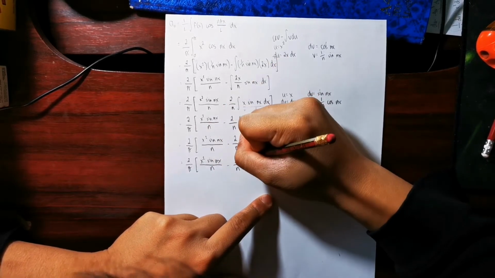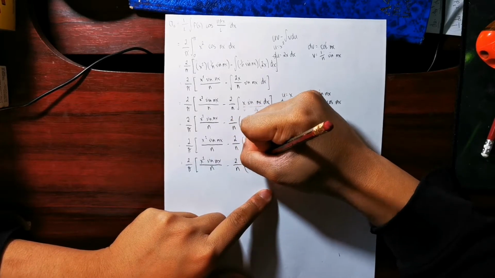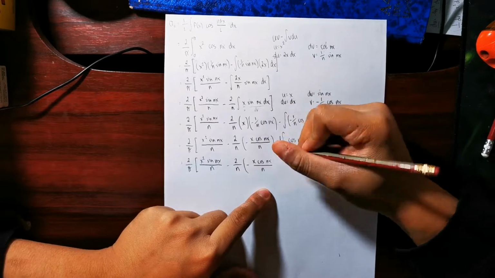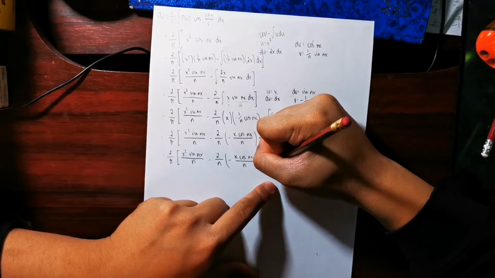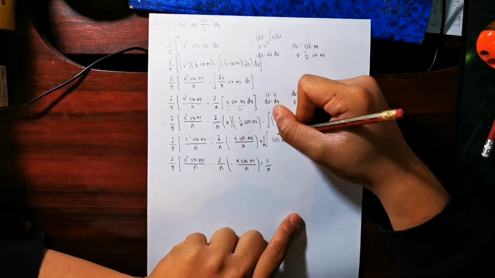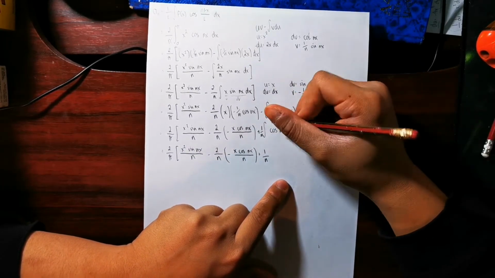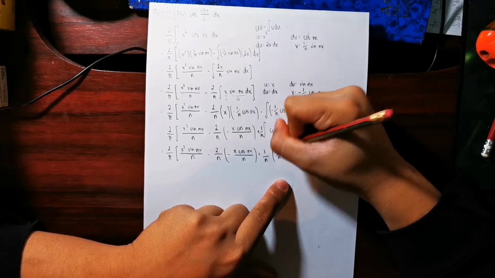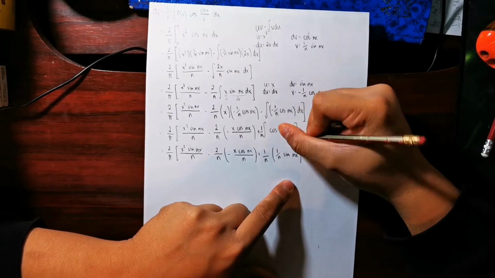Over n, minus x cos nx over n, minus 1 over n. So now if we integrate this one, we will have 1 over n sine nx.